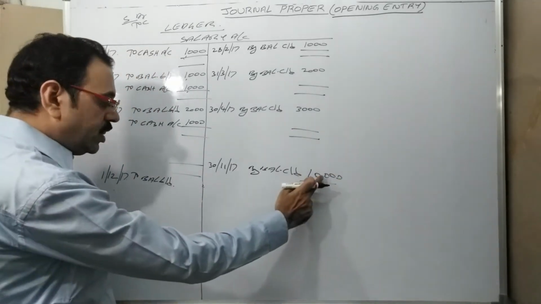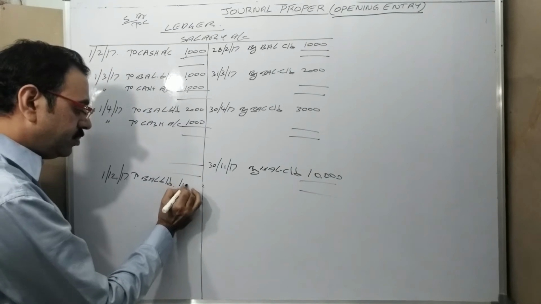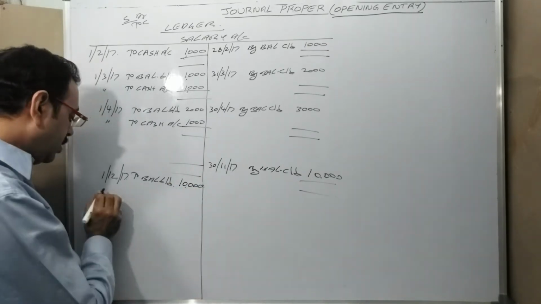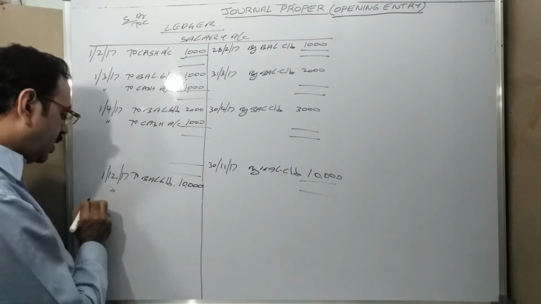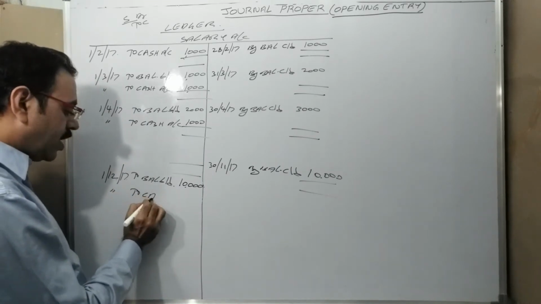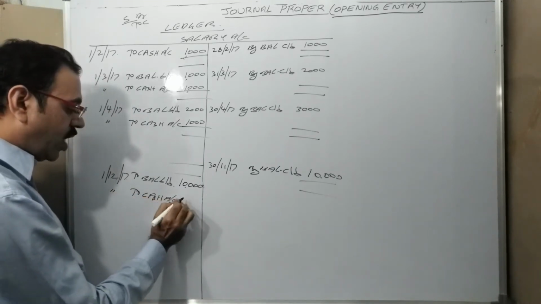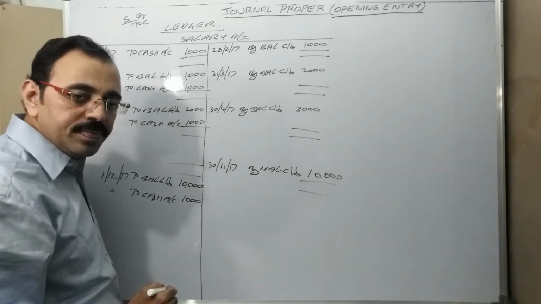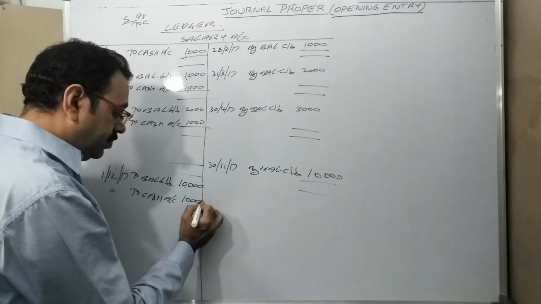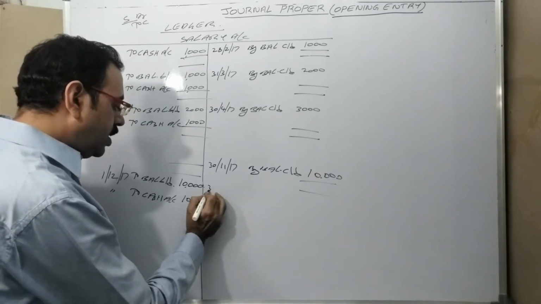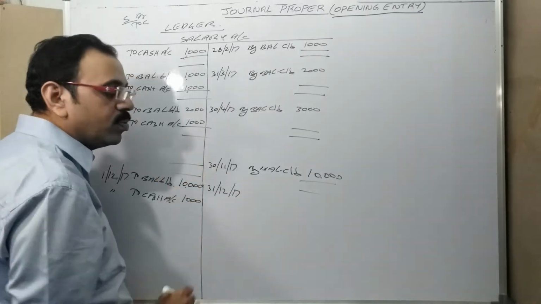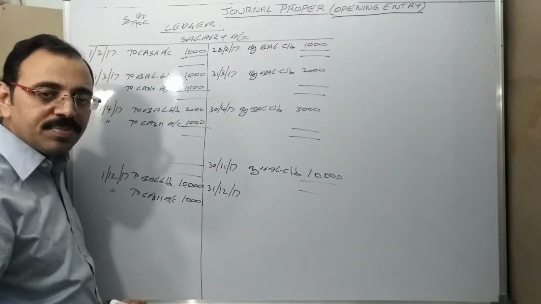Now that 10,000 comes here, and on this date when we pay salary again to cash account, 1,000 rupees, then at the year end, now the main point comes.